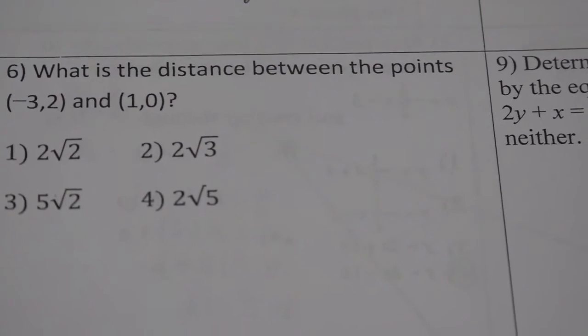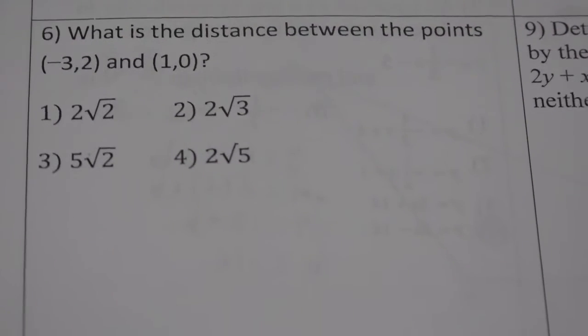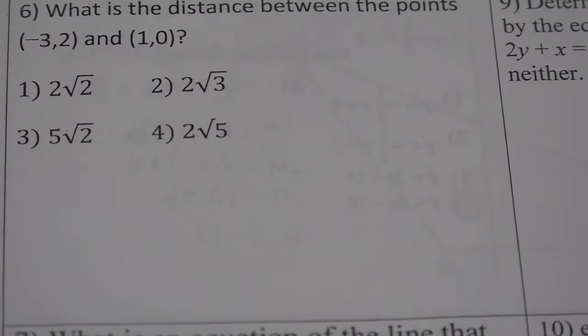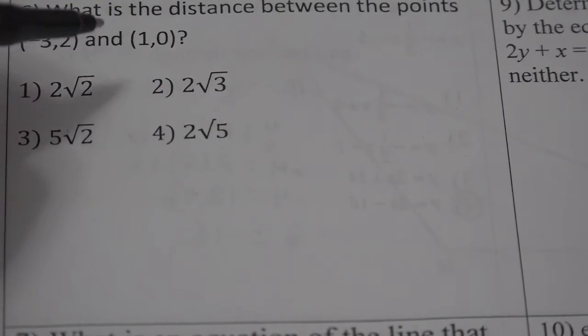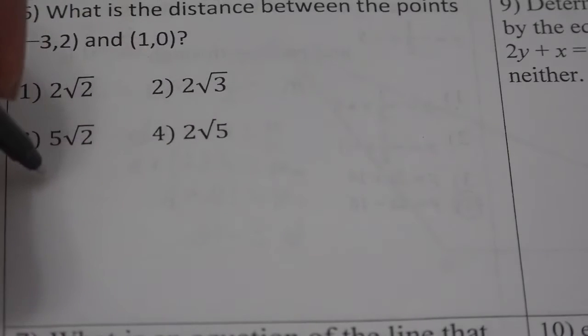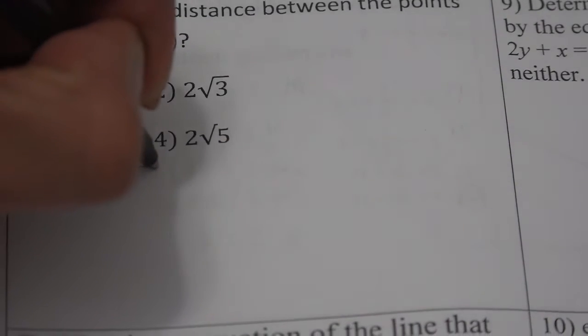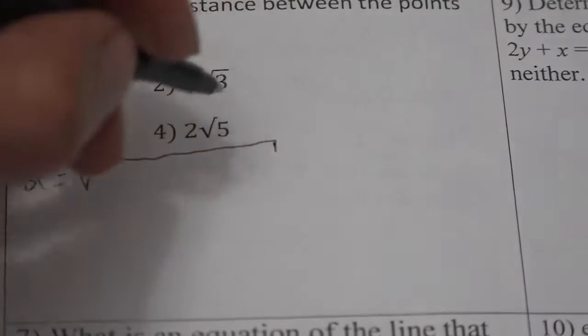What is the distance between the points negative 3, comma 2 and 1, comma 0? Distance. We need to find the distance, and for that we need the distance formula. The distance formula is like the Pythagorean theorem.